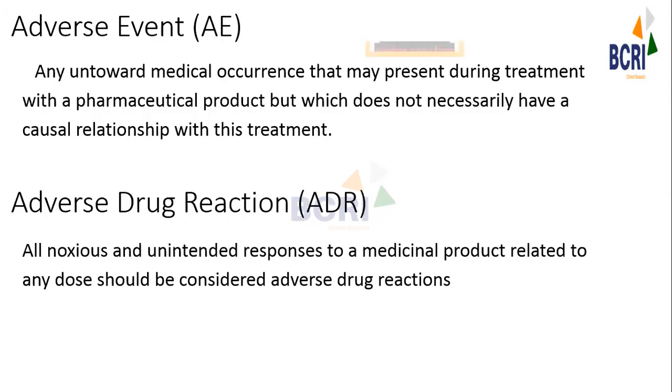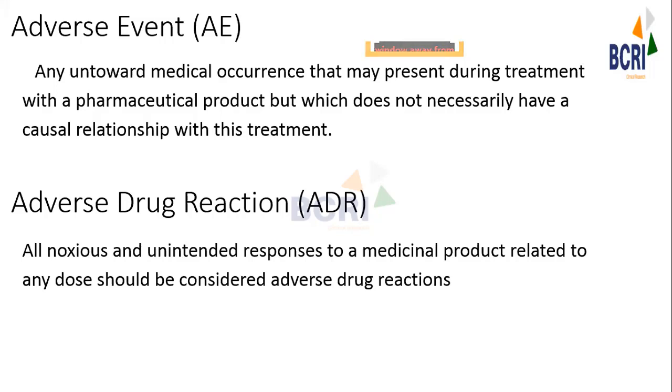Then we are going to determine whether that particular adverse event happened because of the drug, and then it is called an adverse drug reaction. If we come to know he is feeling feverish because of the medication he has consumed, or nauseous because of the drug he has consumed, it becomes an adverse drug reaction.